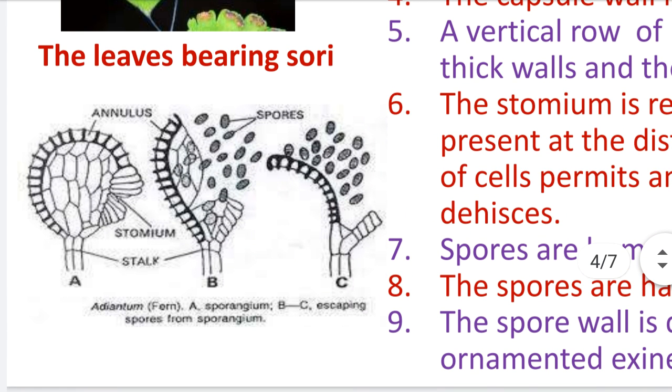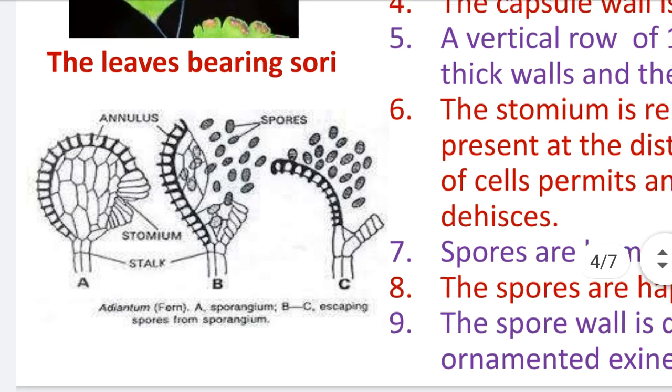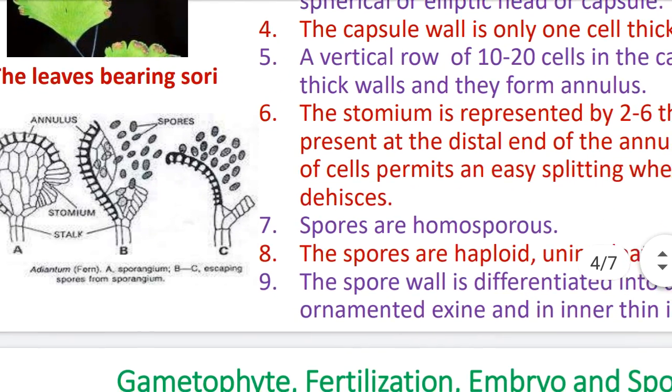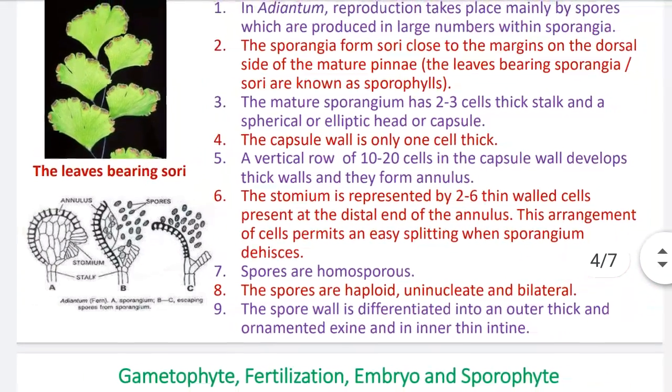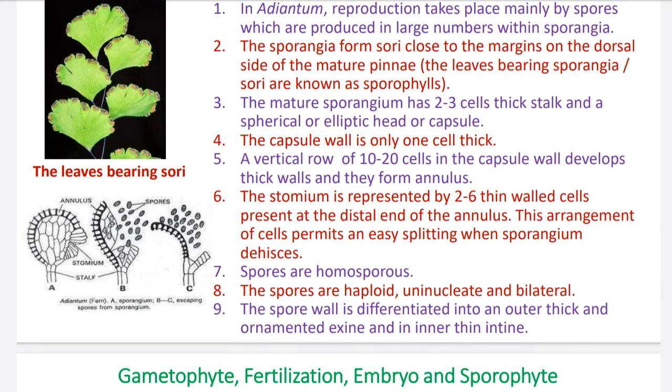You see in diagram A, the wall of the sporangium is made by 10 to 12 cells, and they form the annulus, and toward the distal end of the annulus, the stomium is there, made by 2 to 6 thin walled cells. See point number 6.